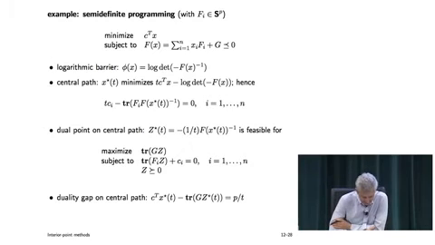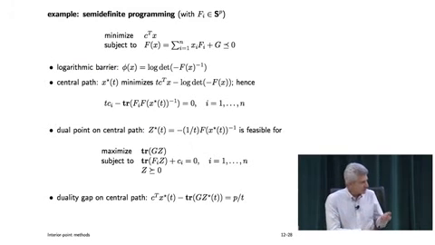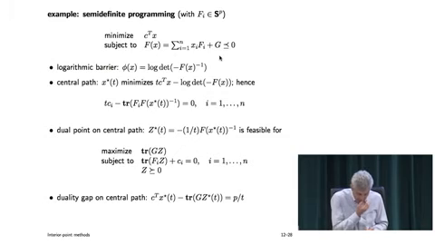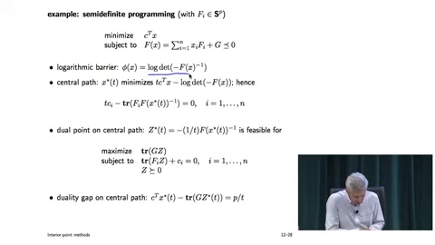Okay, so we get to semi-definite programs. Here, this is the most important case. So here is one in inequality form. We're going to minimize c transpose x subject to f of x less than or equal to 0. The logarithmic barrier is log det of minus f of x inverse, right? So the inverse is the same as putting a minus in front of log det here. The central path is, to get x star of t, you minimize t times the objective plus this thing.